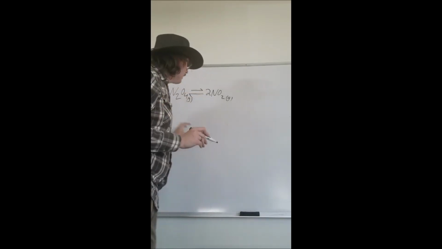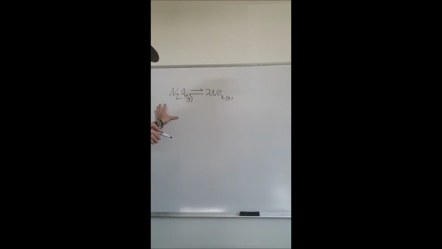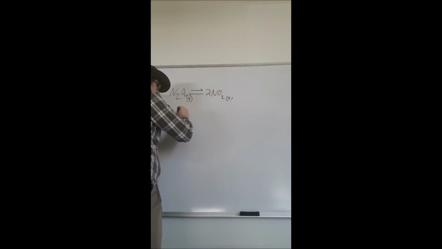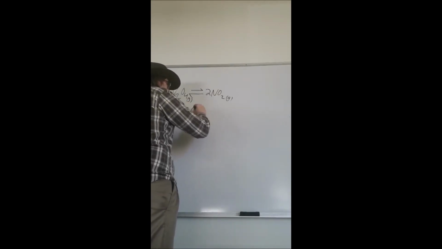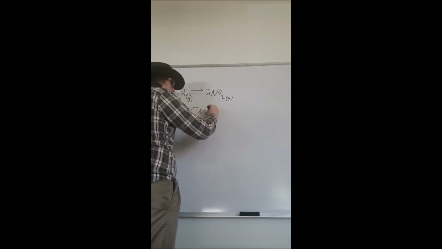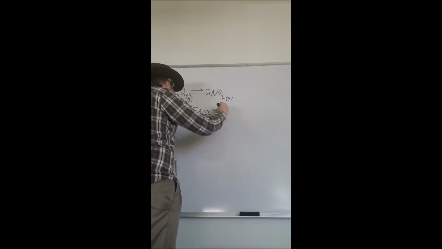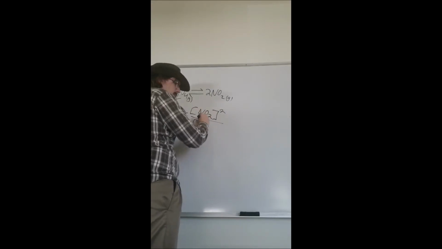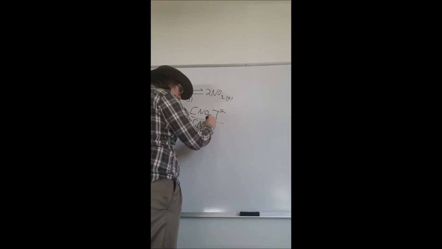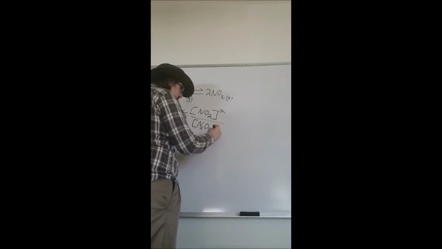So I have a reaction right here of N2O4 going to two NO2s. The first thing I must do is to write the K expression, which is always products over reactants, raised to the power of their coefficients, because we need to take into account the total number of molecules involved here. There is our K expression.